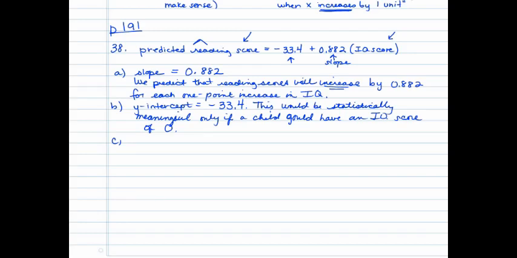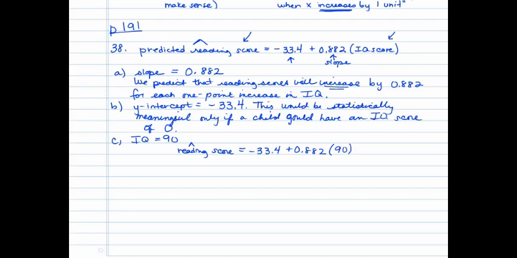Find the predicted reading scores for 2 children with IQ scores of 90 and 130 respectively. So if their IQ score equals 90, that means we want to figure out their predicted reading score. Negative 33.4 plus 0.882 times the IQ score of 90.